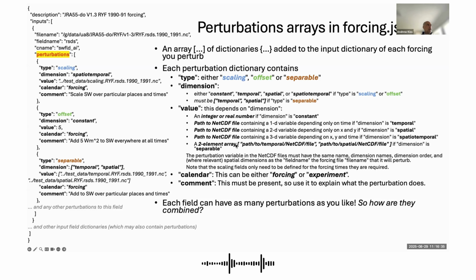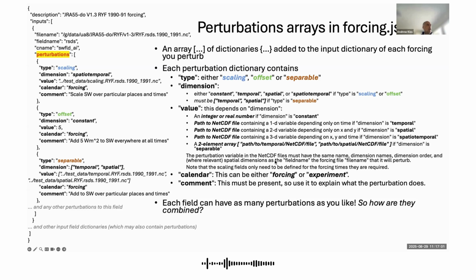The separable case requires two, and those are specified as paths. You can see here there's a path to a netCDF file that just contains the perturbation that will be combined with the original forcing. For separable, you have two paths: a path to the temporal component and a path to the spatial component.